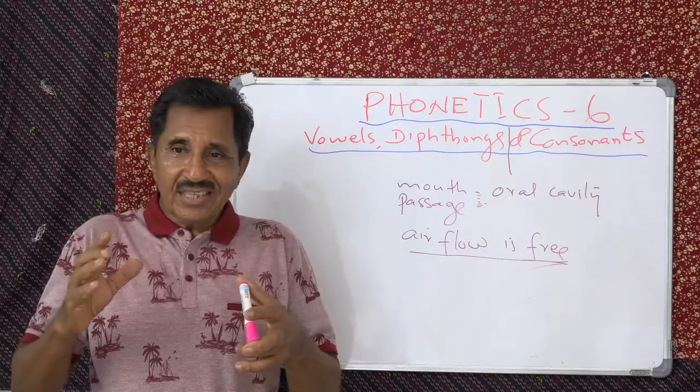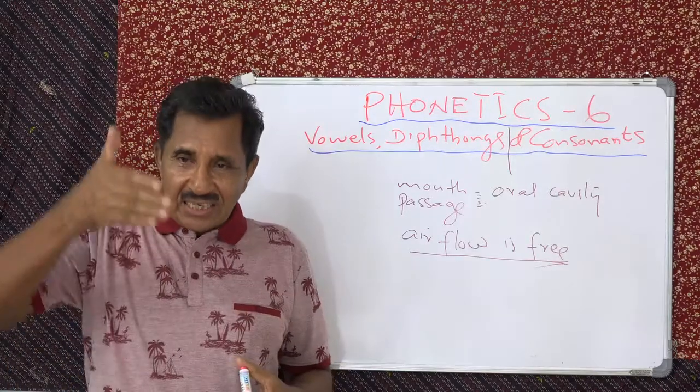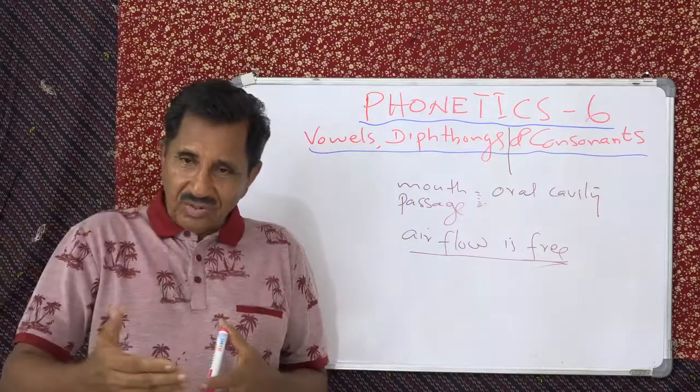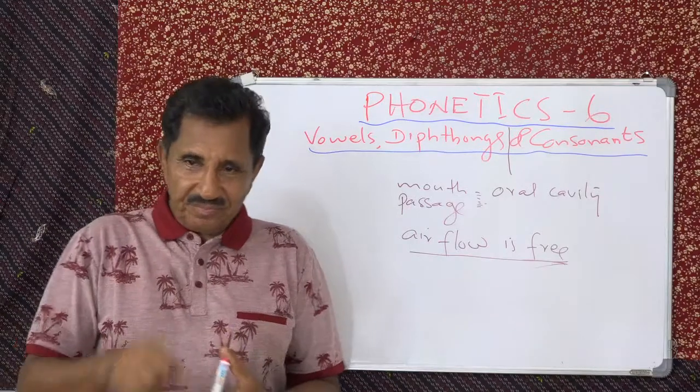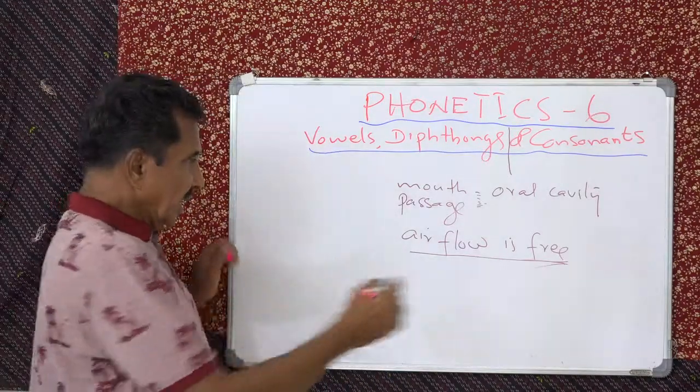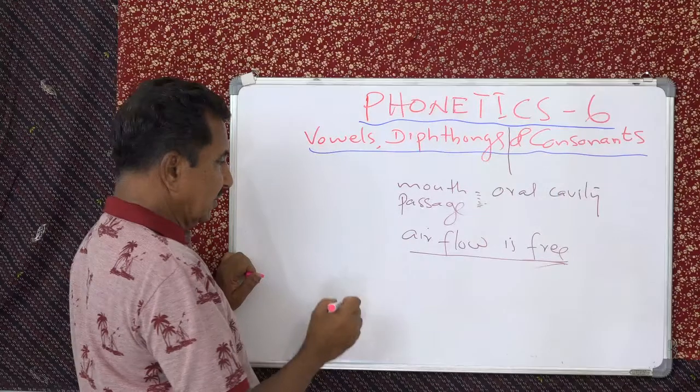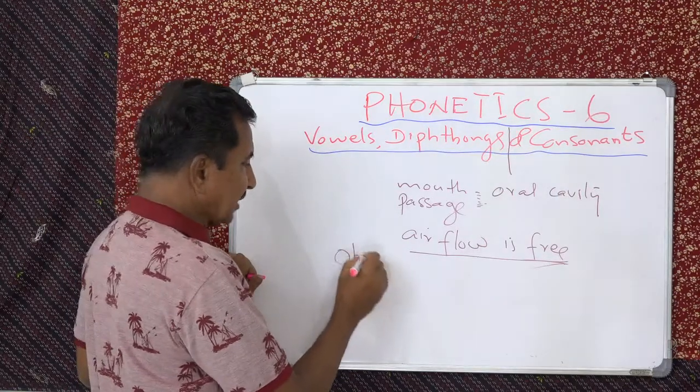What did you notice? The airflow is cut, or it is blocked, or it is narrow. Did you see that? Here, in the case of consonants, there is obstruction.